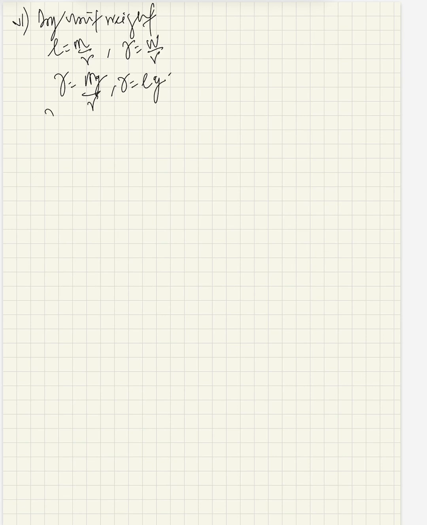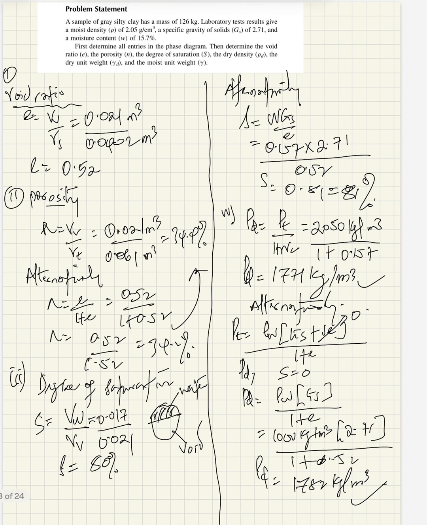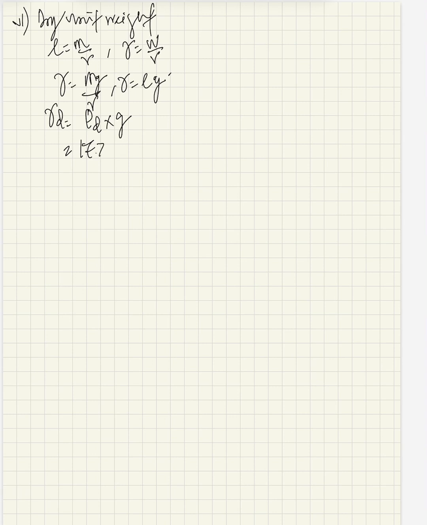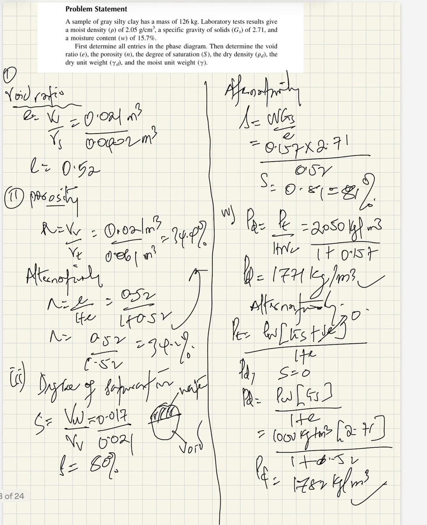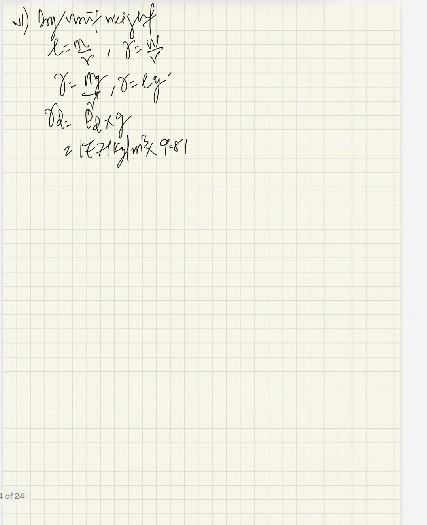So to obtain your dry unit weight, it's going to be dry density times acceleration due to gravity, which is 1771 kilogram per meter cube times 9.81 meter per second squared.